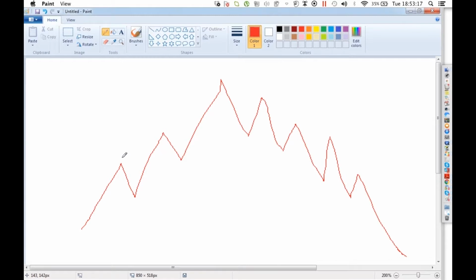And every time the market stops up here, we call that resistance, indicated with an R. And every time the market stops down here, we call it support. So when the market is going up and can't go up anymore, we call that resistance. And when the market comes down and can't come down anymore, we call that support.